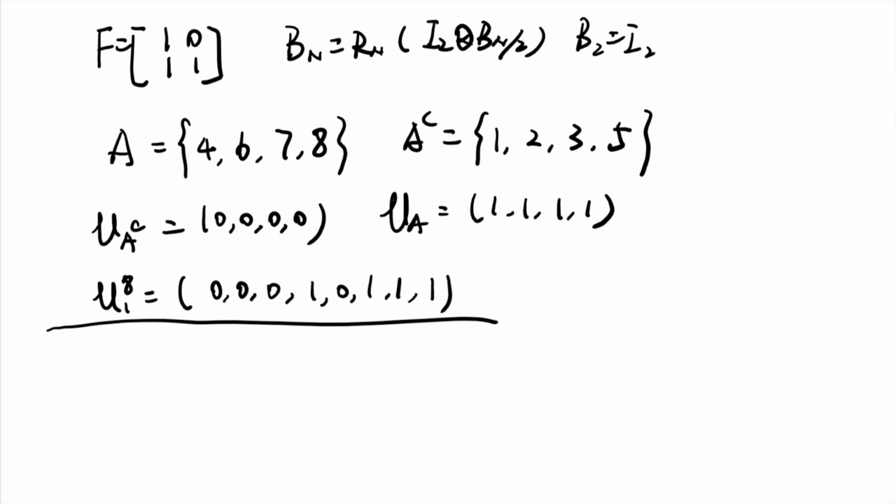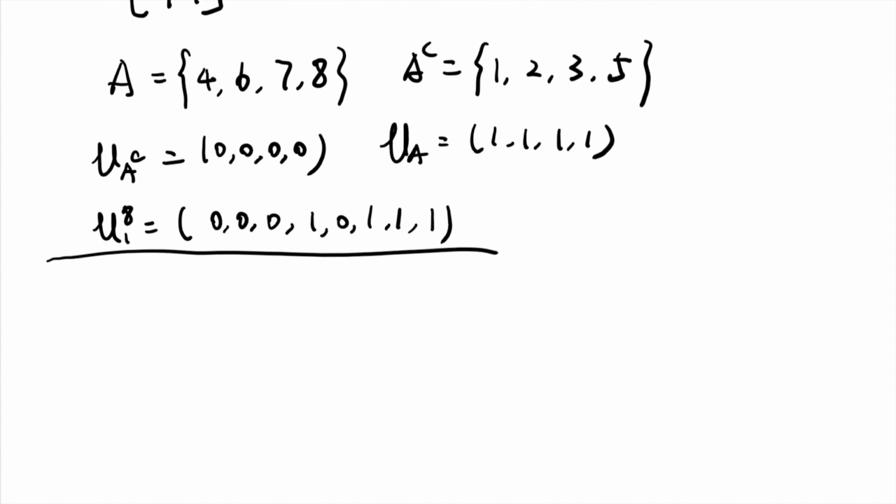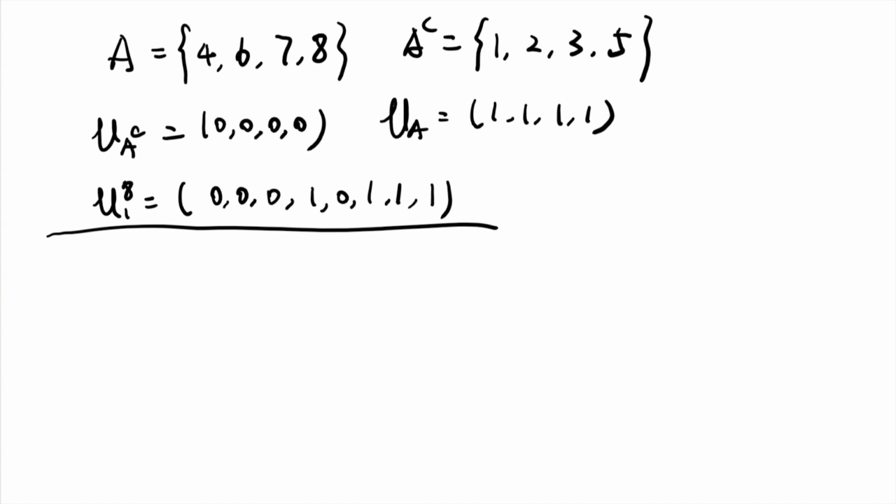That's the original input message vector we get.